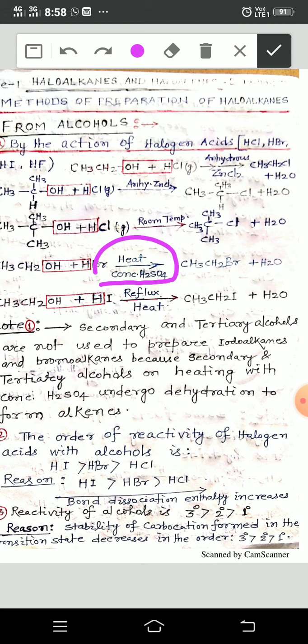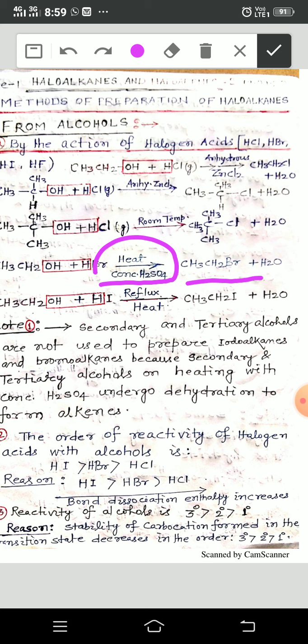Because you know very well that in class 10 you already learned that when ethanol is heated at 160 degrees C in the presence of Conc(H2SO4), it forms ethene.